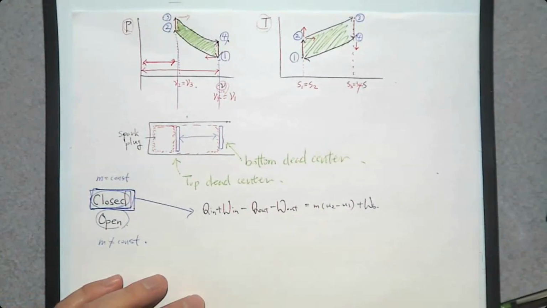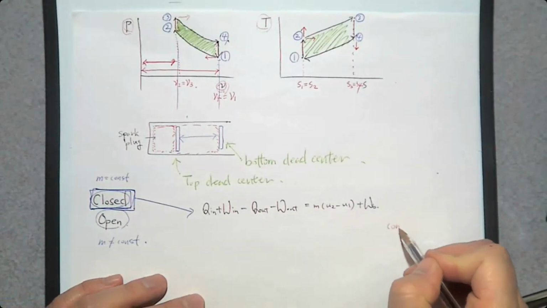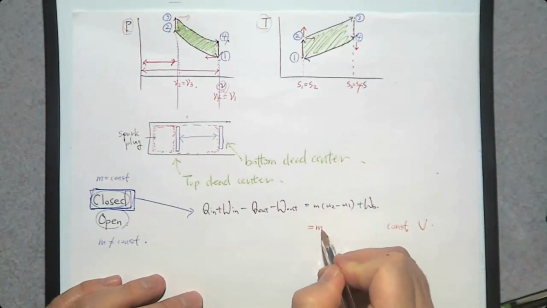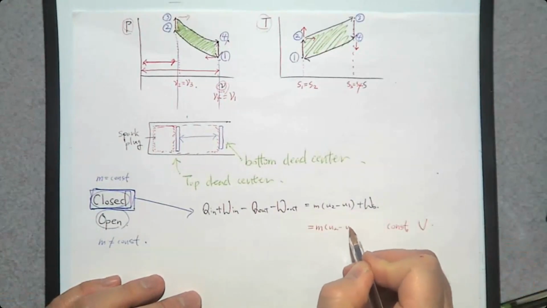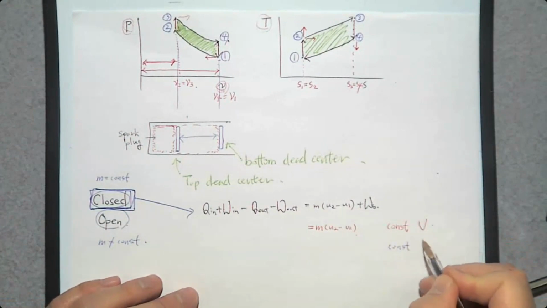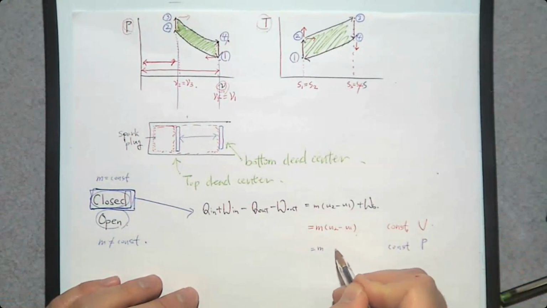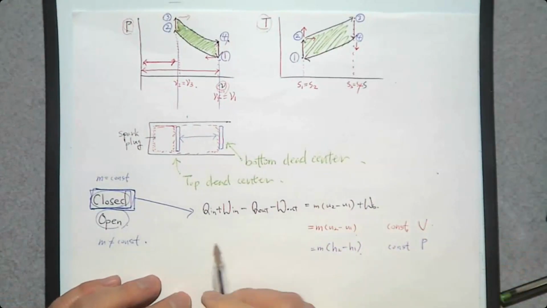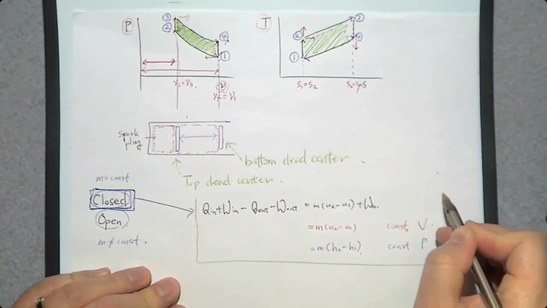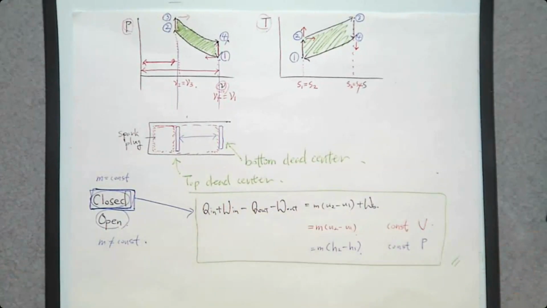Then if it is a constant volume process, the right-hand side is going to be mass times U2 minus U1. If it is a constant pressure process, the right-hand side is going to be mass times H2 minus H1. That is the general energy balance equation for a closed system.